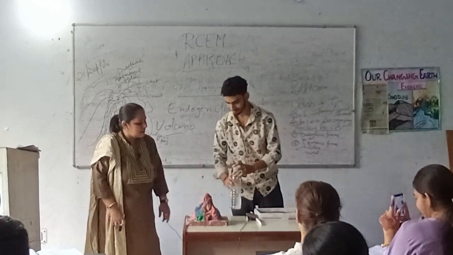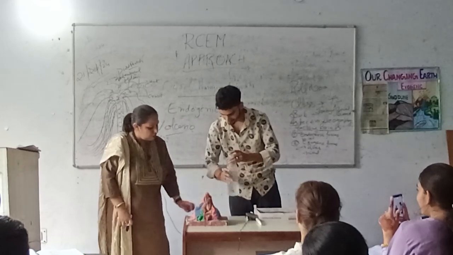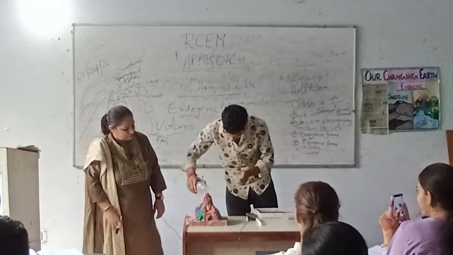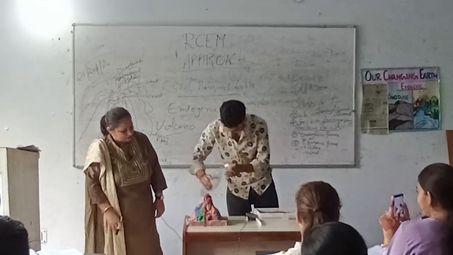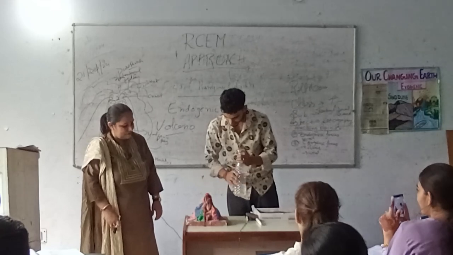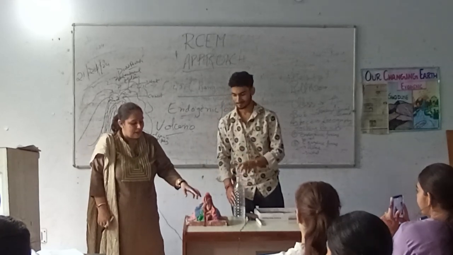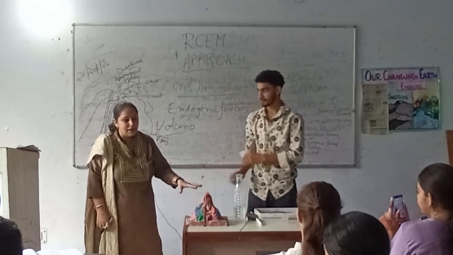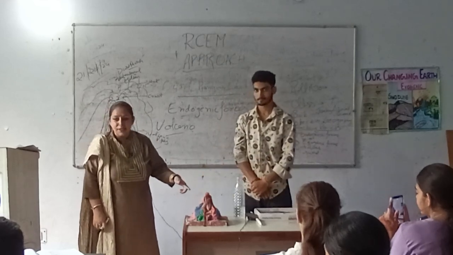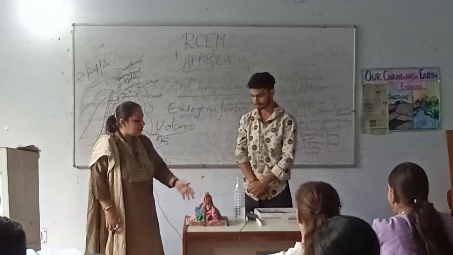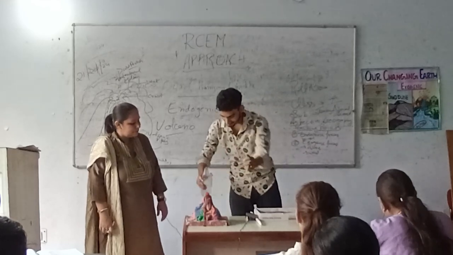Pour some more. What is happening? Some bubbles are coming out, and some red color material is coming out from this molten material. You can pour some more water also.